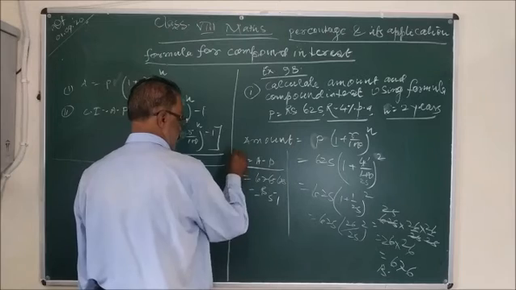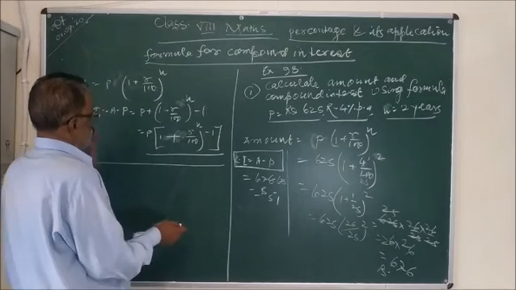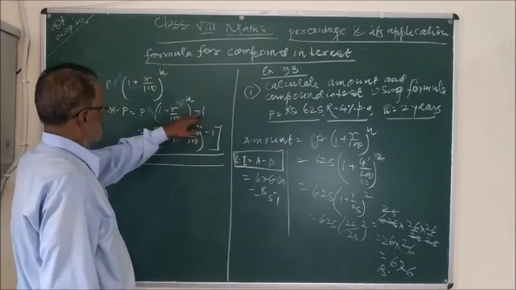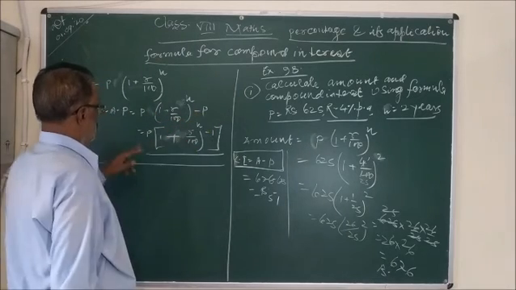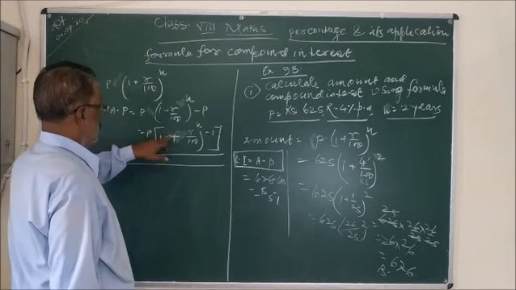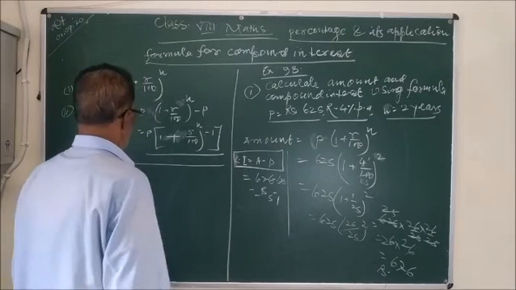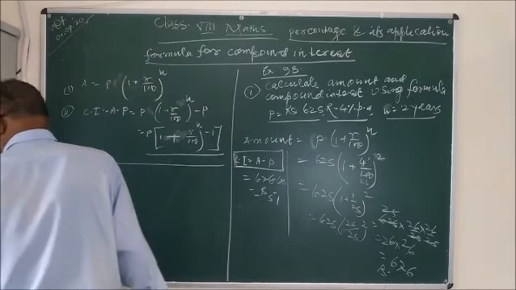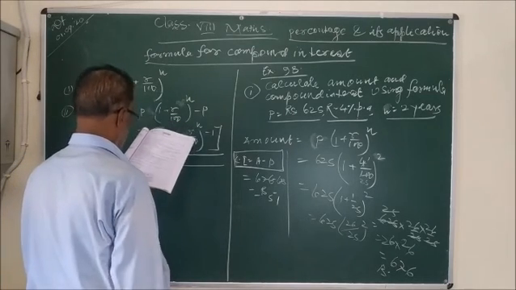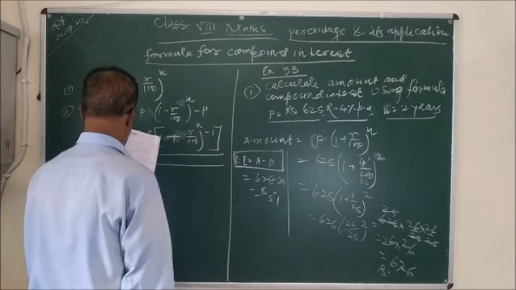So compound interest is equal to A minus P. P will be common, so this will be P times 1 plus R by 100 power n, minus 1. This is the solution of question number 1.